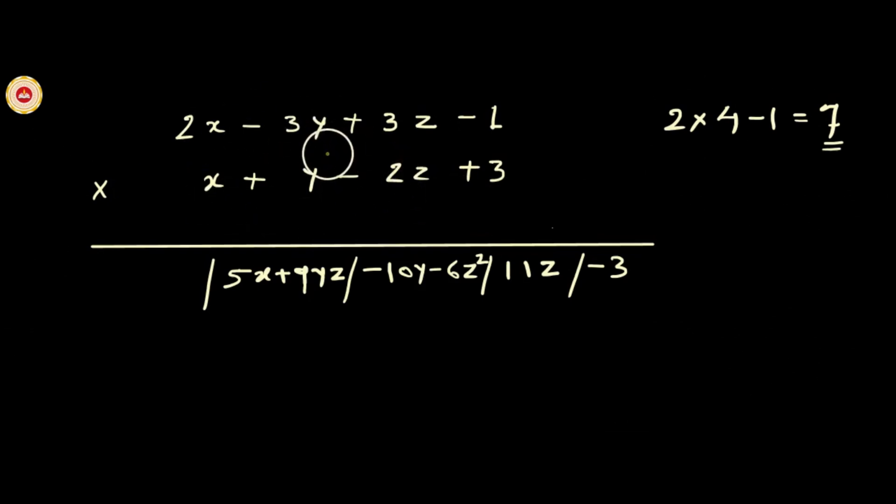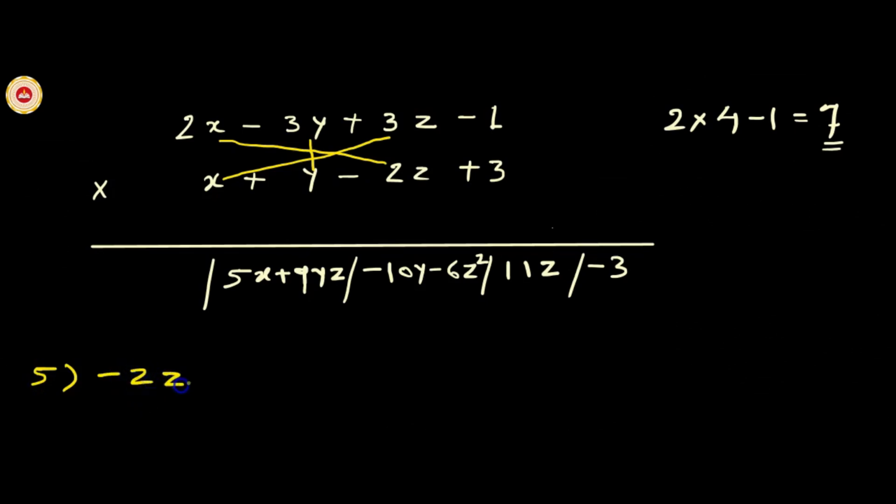So how do we multiply the terms in 3 columns? First we consider the outer columns. Out of these 3 columns, first we consider the 2 outer columns, and after that we consider the middle column. Minus 2z multiplied by 2x. This is the 5th step.